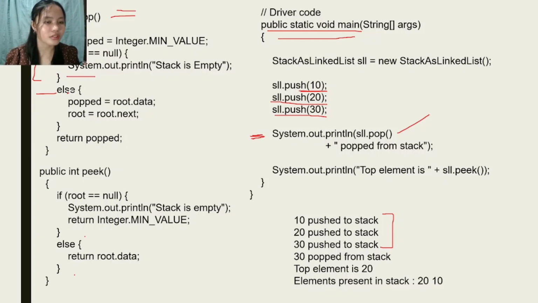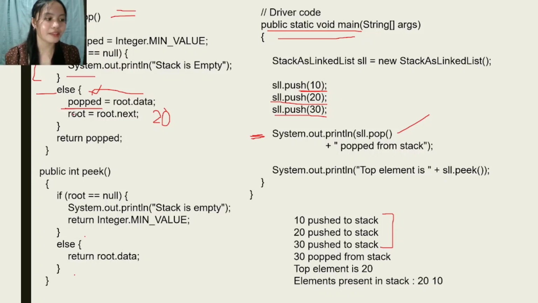So we proceed to else, and our root.data, which is 30, will be stored in this variable popped. Then the next to root is the one that will become the root, which is 20. So 20 is now our root, because our 30, which is our previous root, is already stored in popped.